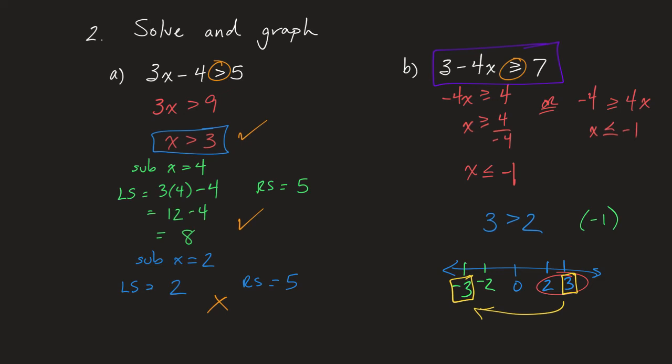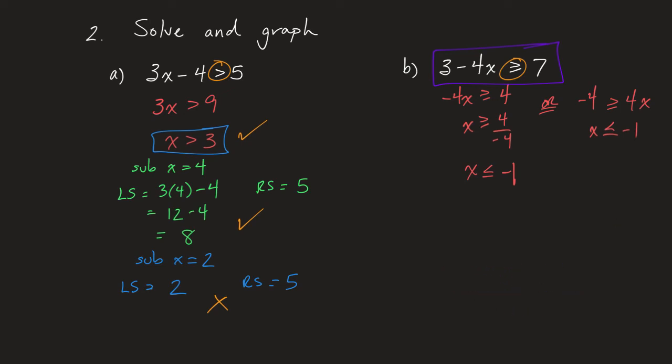And if it is further to the left, then any greater thans would have to become less thans, and any less thans would have to become greater thans. So anytime I do a multiplication or division by a negative number, I need to make sure I switch the sign of the inequality. Okay, now that we can see why, let's make sure we get that down.